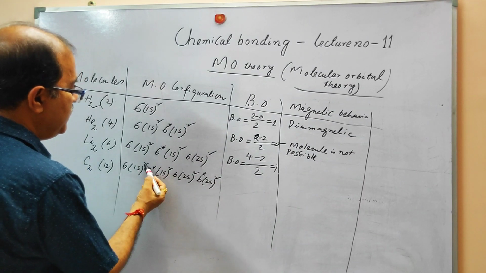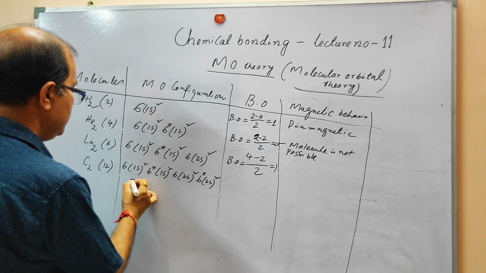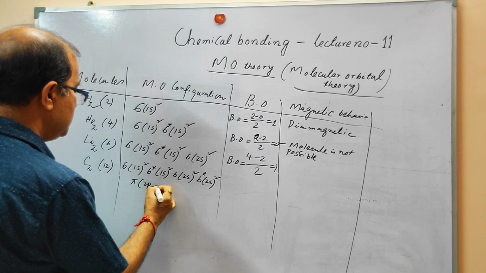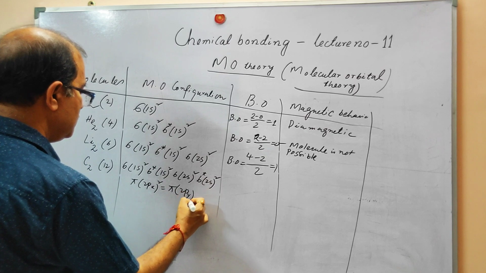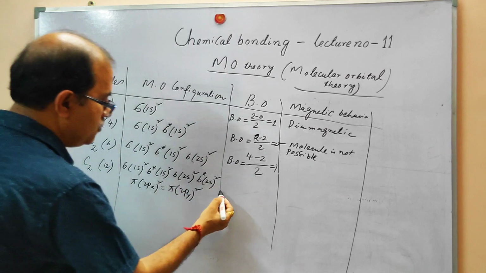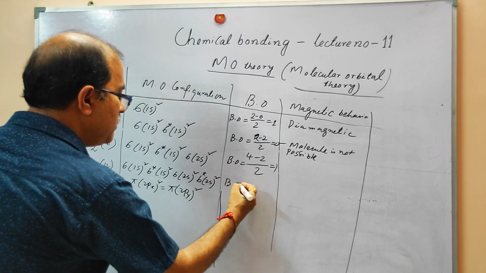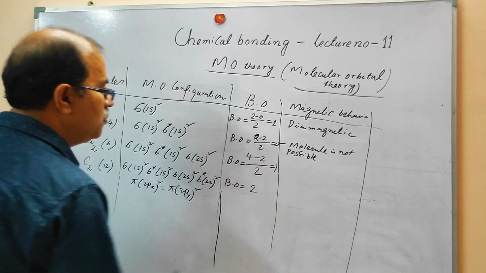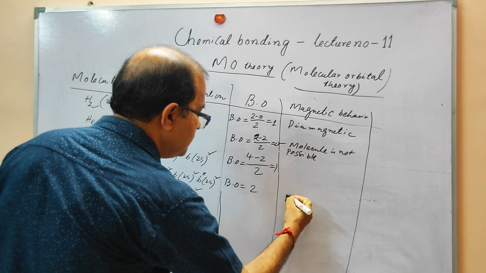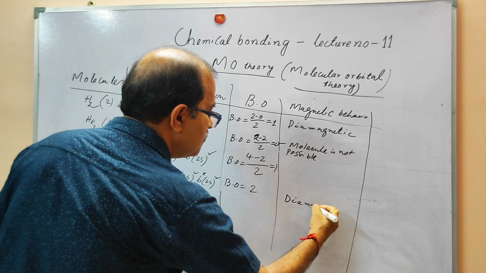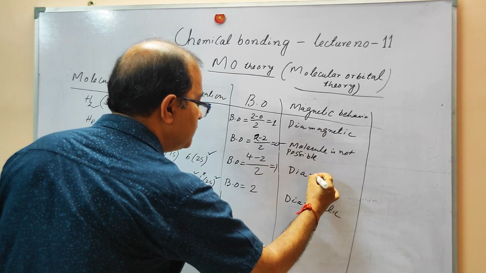So we have already placed 2 to 8 electrons, and next we will place them in pi 2p. So this will be the electronic configuration of this C2 carbon molecule, and if we calculate its bond order, you will find it comes around 2. So it is diamagnetic.